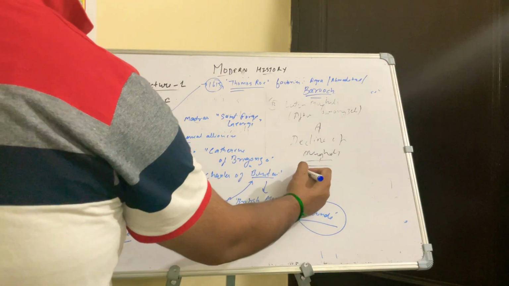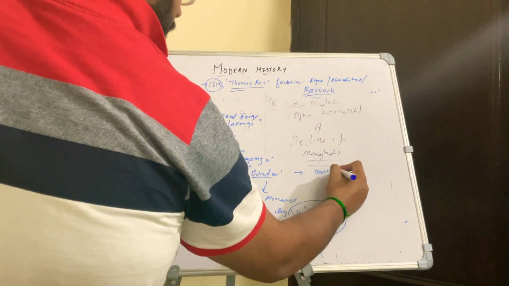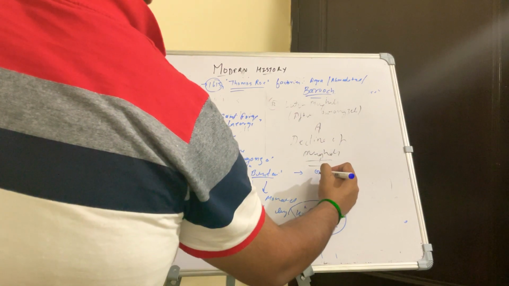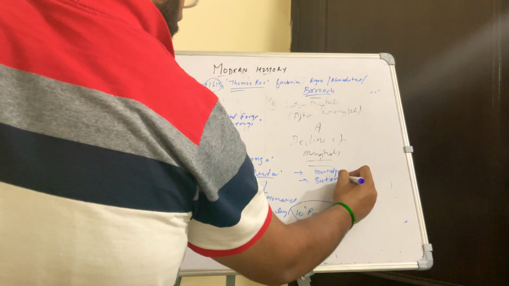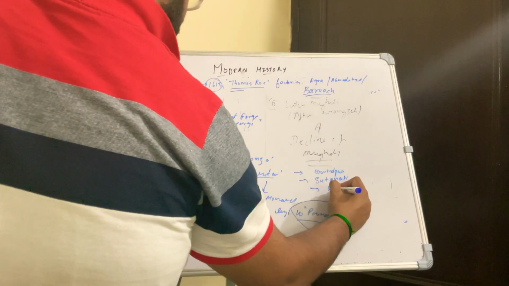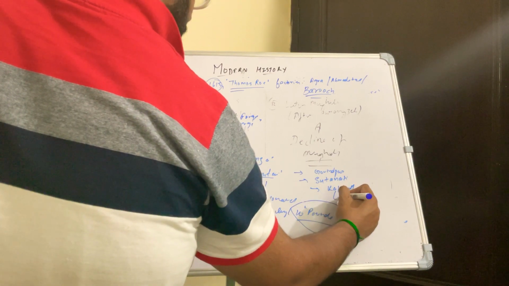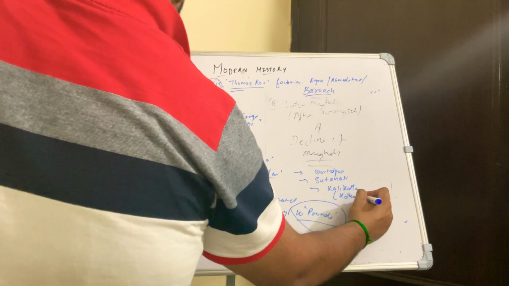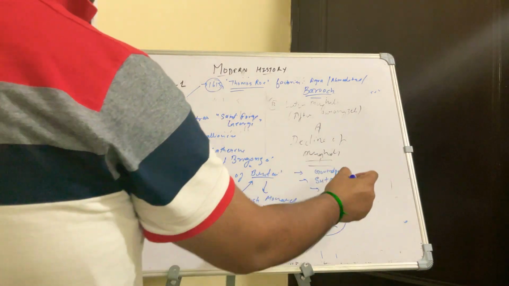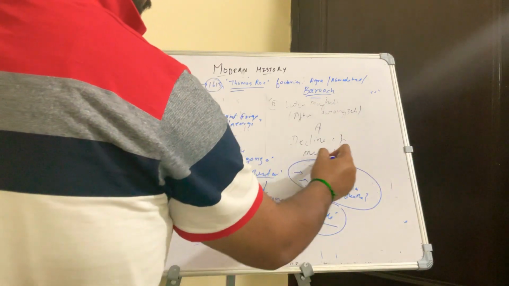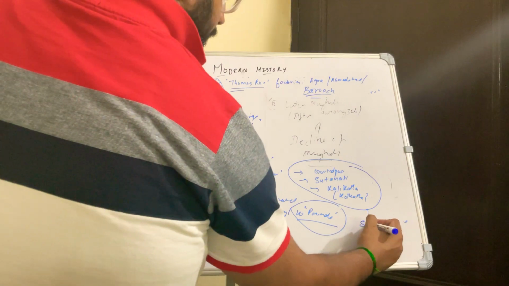These 3 villages were Govindpur, Sutanuti, and Kalikata. Kalikata is your latest Kolkata. And what the Britishers did, they clubbed all 3 and formed Saint Fort William.